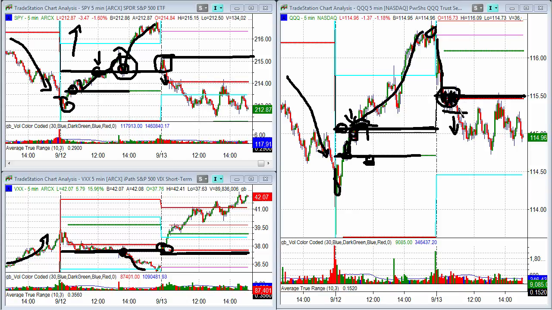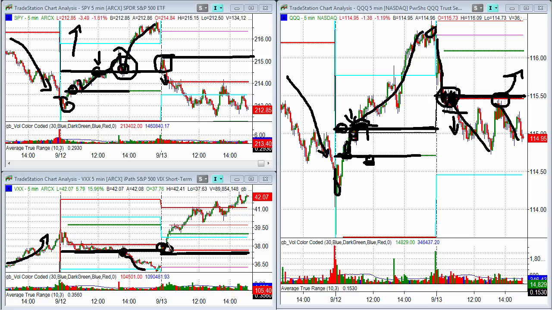And once again, when the breakdown below the pivot happens and it comes back up to the pivot, it really shouldn't go back through. If it does, that could be a true change in the day's trend. Didn't happen, back down again.